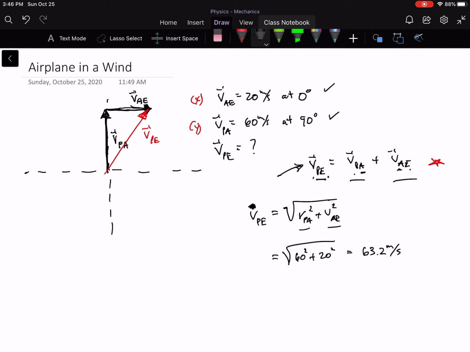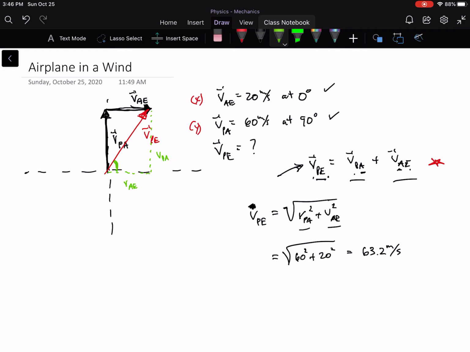And we need to find out what this angle is. Let's find this one right here. For that, we need that side and this side. That's just going to be V_AE down here, and this is going to be V_PA over here.